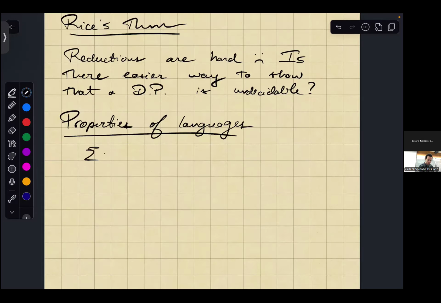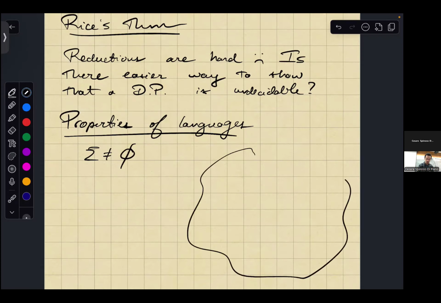Suppose I have a non-empty alphabet, and I have the space of all possible languages. So this is the power set of sigma star, right? Each of the individual points here are languages, so here L1 is a subset of sigma star. Then a property of a language is a partition of the power set of sigma star, right?